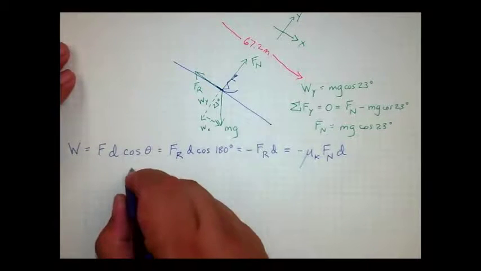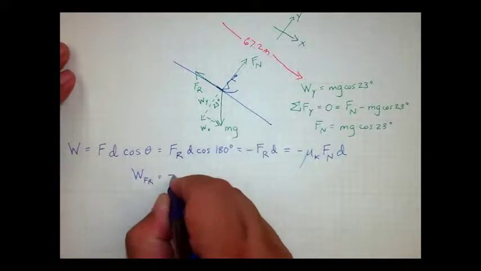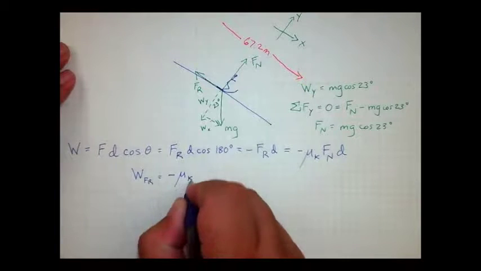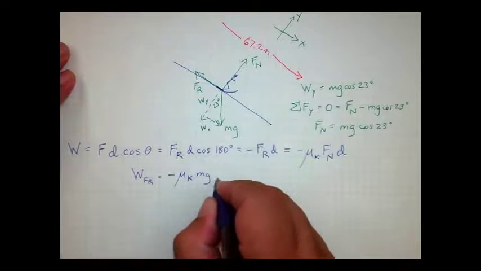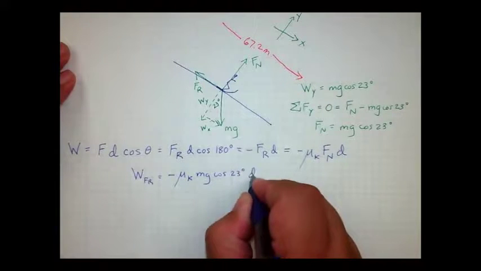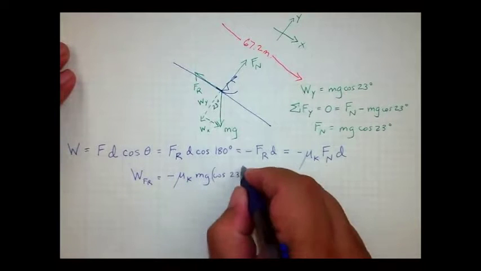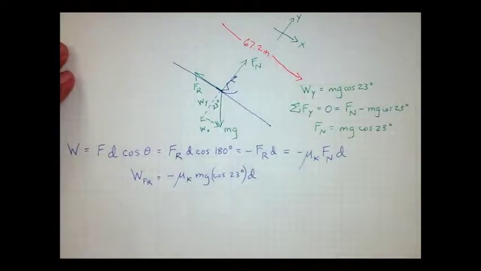So our final expression for the work done by friction is minus mu k mg cosine 23 times d. Don't forget to put this factor of d in there. That's very frequently forgotten.